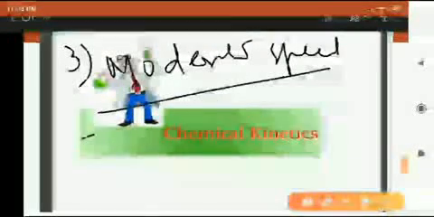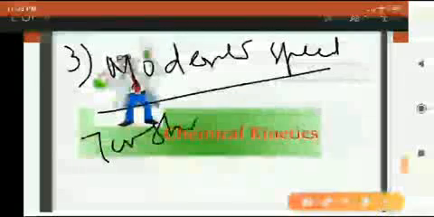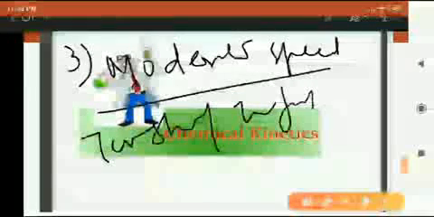Number three, reactions which are of moderate speed, neither too slow nor too fast. Examples of these reactions: hydrolysis of sucrose and hydrolysis of ethyl acetate.